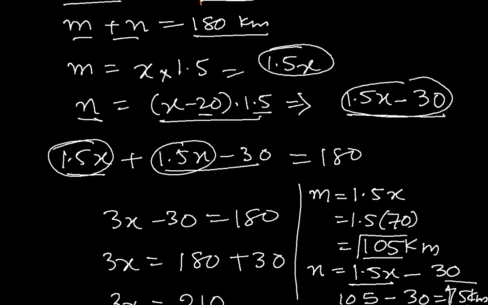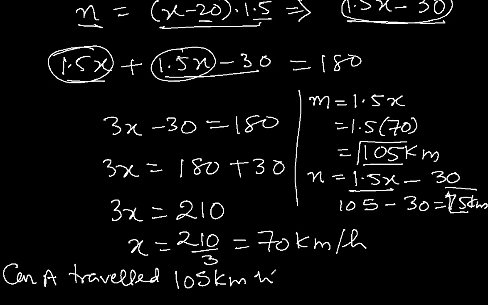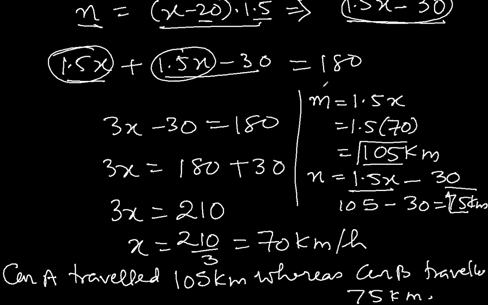And now we can write our final statements as car A traveled 105 kilometers, whereas car B traveled 75 kilometers. M and N was our creation, so do not leave your answer here. Give a proper statement after completing your question.